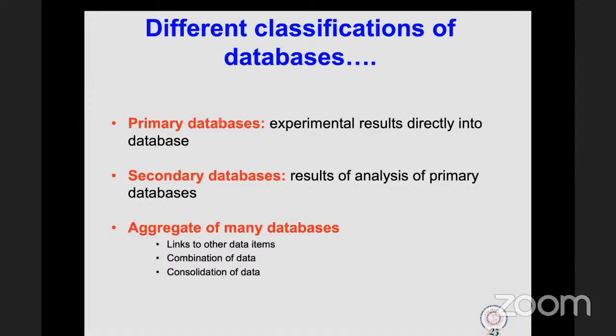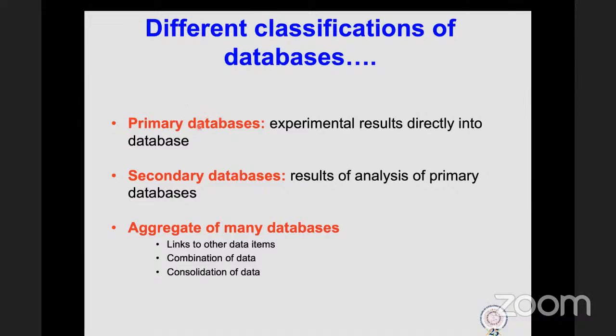He comes to know there are 10 or 11 genes in that coronavirus, and there are mutations, and due to these mutations it becomes more or less pathogenic. This information he keeps in his own database, which you can call a secondary database. And a third person links both the primary and secondary to form an aggregated database.